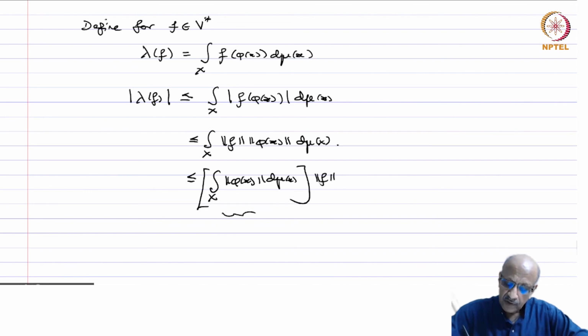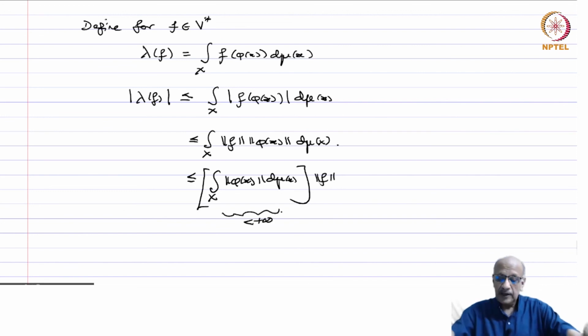And this we have assumed is a finite quantity, and therefore lambda belongs to V double star.